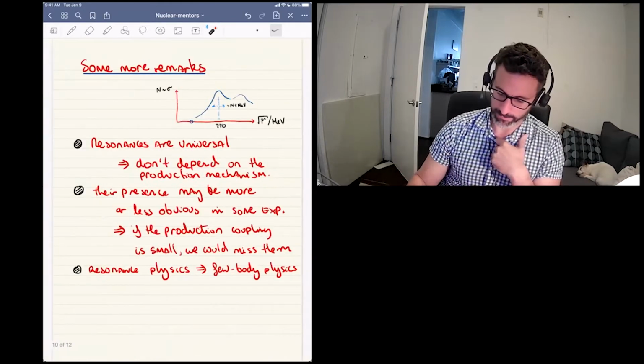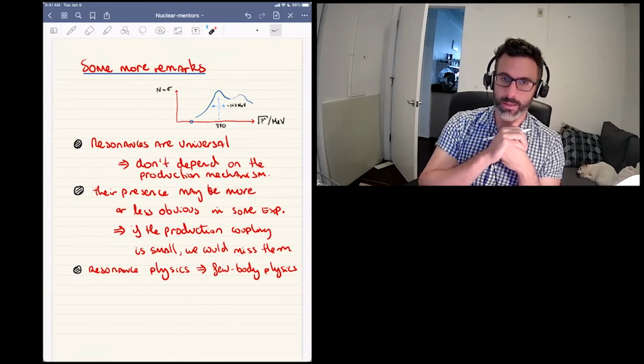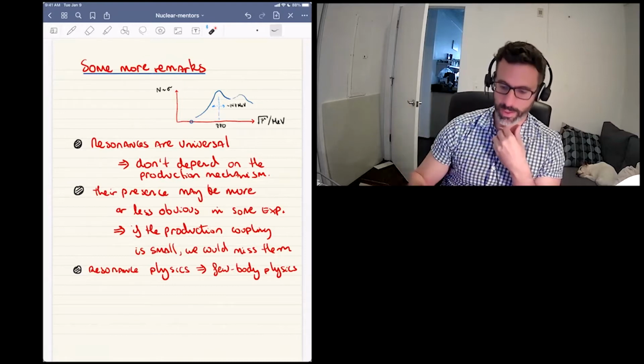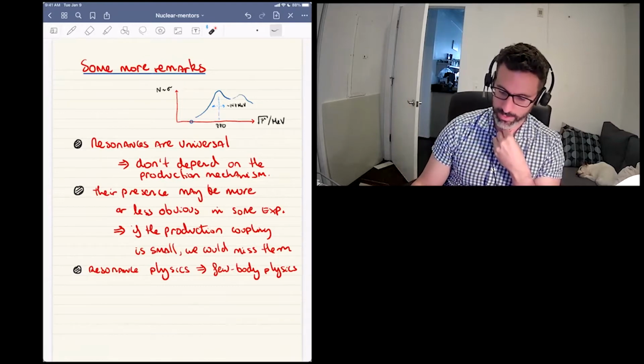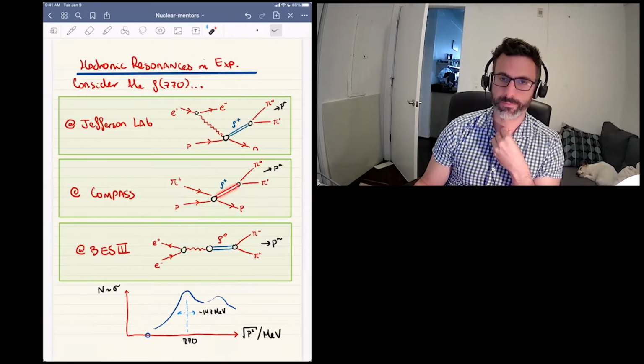And here I just made some final remarks about how these states are universal in nature. They appear in all allowed reactions. And so if we see one state in one reaction, namely if I see here the rho plus in this reaction, that's going to be exactly the same rho plus that is seen in a different reaction.